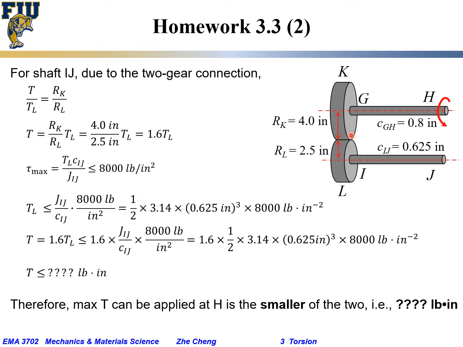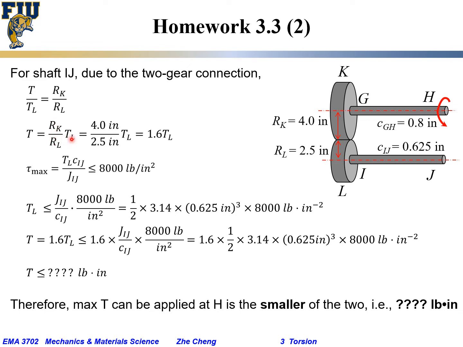The reason being the force of interaction is the same for K and L, so the torque would be the force times the distance from the force, which is just the radius. So the torque at K, or transferred, which is essentially the torque applied at each side, would be Rk over Rl, the radius ratio for K over L, times TL.